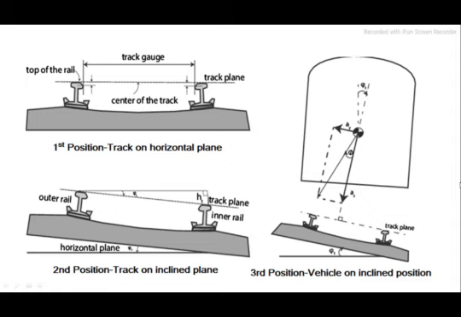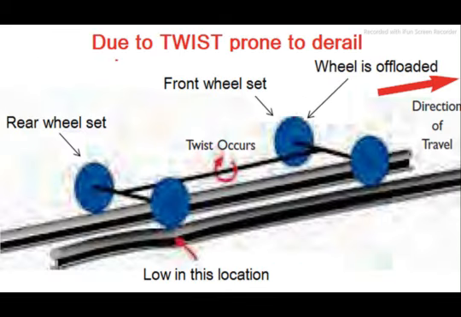Number 1, on straight and curved track other than transition curves, 3.5 mm per meter. Next, number 2, on transition curves, 2.1 mm per meter for higher speeds.